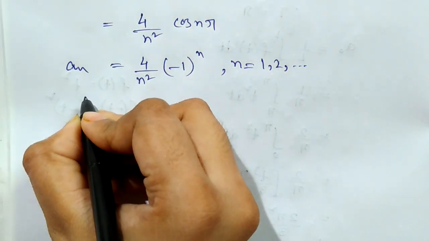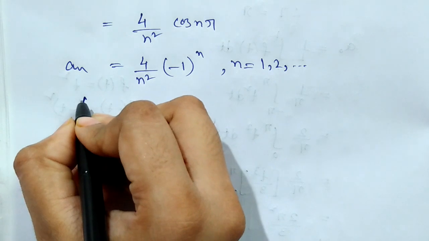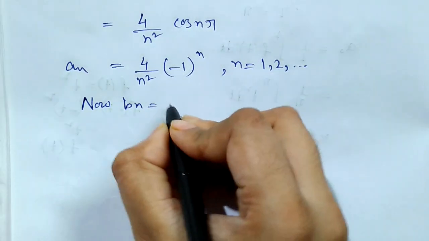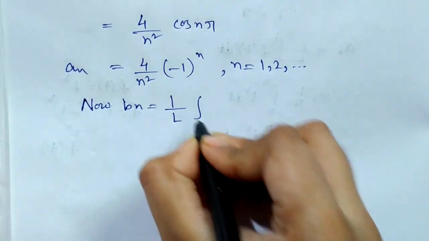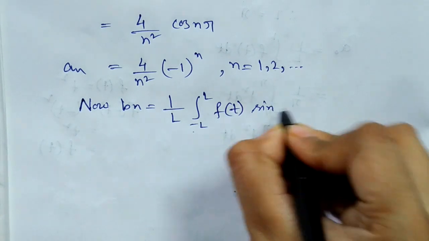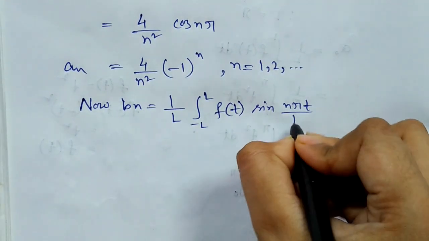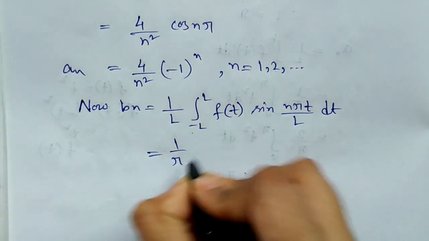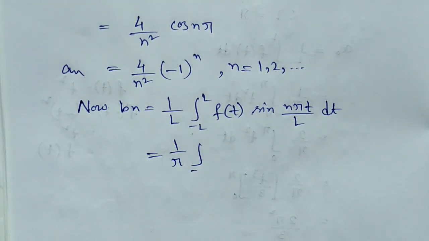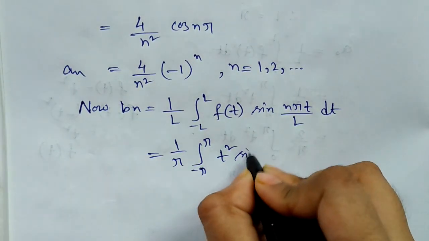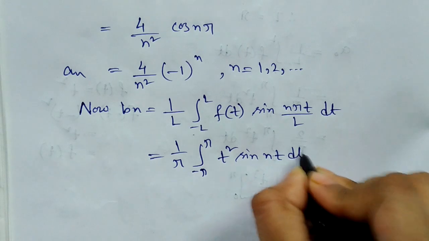Now we have to calculate Bn. So Bn equals 1 by L integration minus L to L f(t) sin n pi t by L dt. So this is equal to 1 by pi integration minus pi to pi t square sin nt dt.